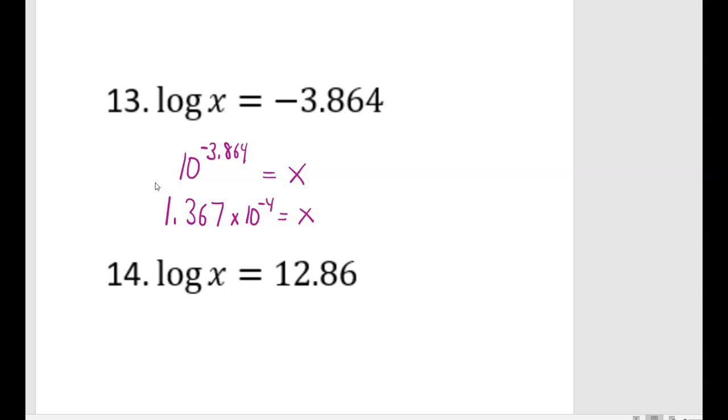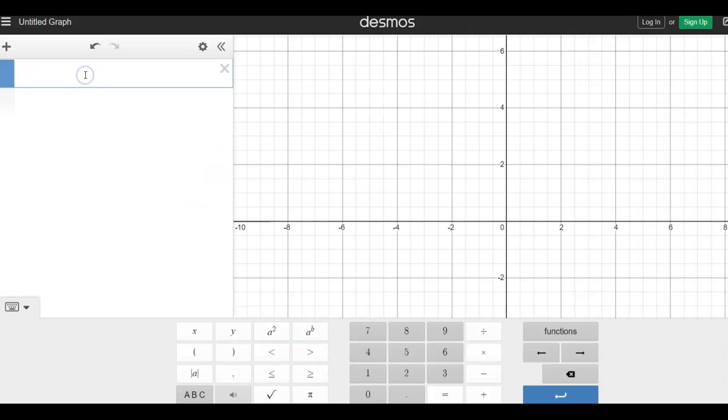All right, so let's look at 14. We want to write this in exponential form. It's a regular log and the base is not written, so it's an understood 10. So I'm going to say 10 to the 12.86 power equals x. Then I'm going to type that in. So I'm going to type 10 to the 12.86 power.